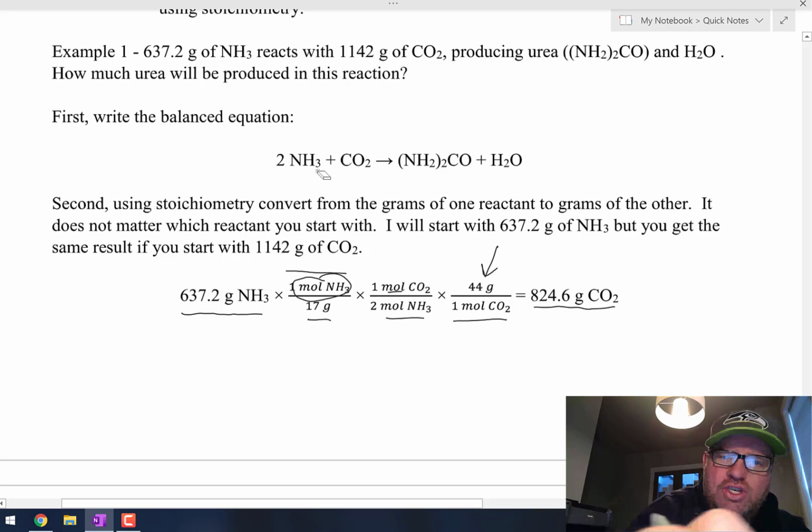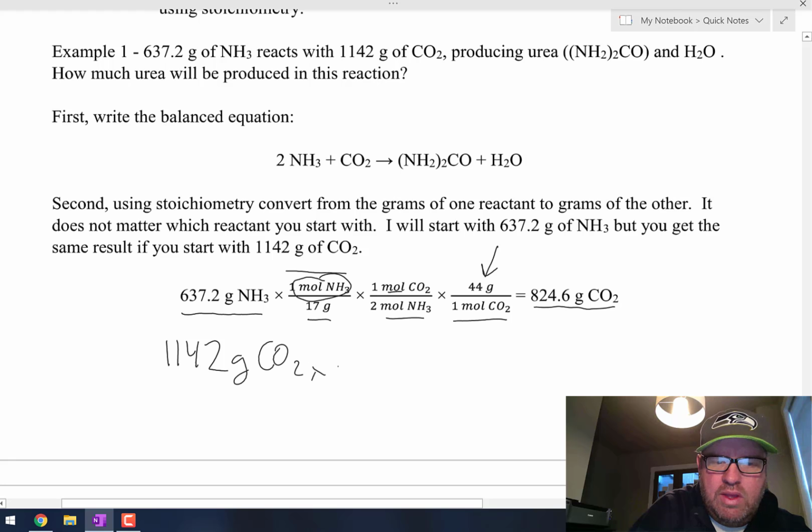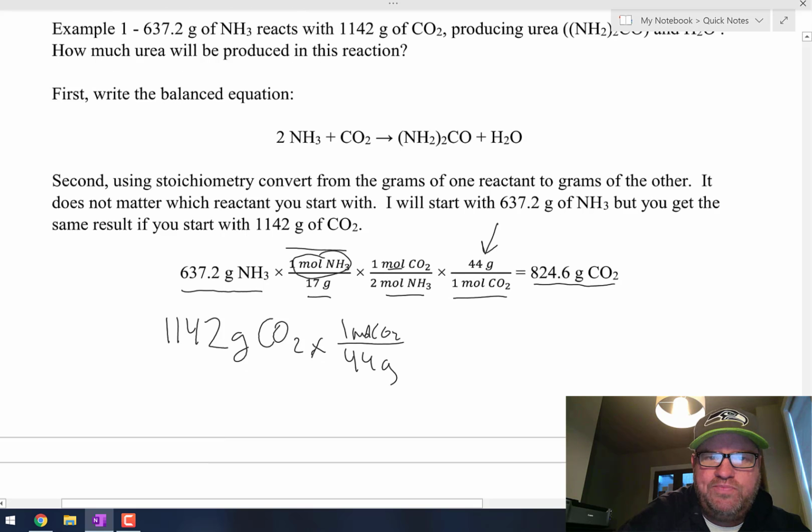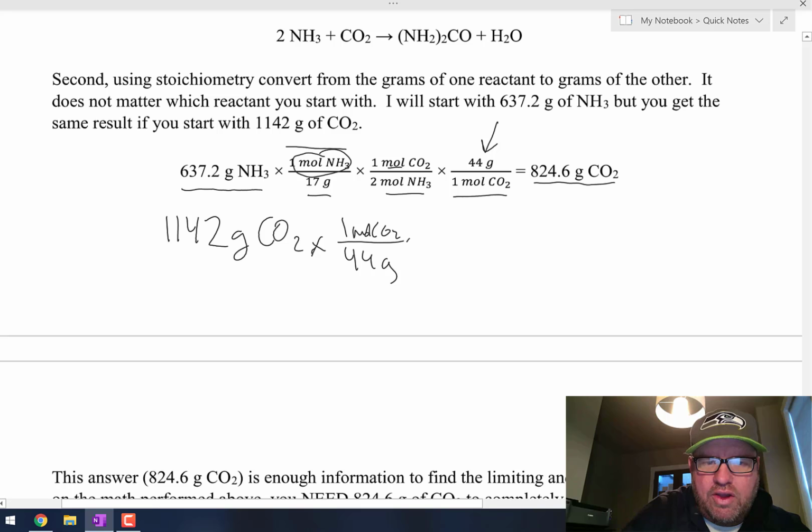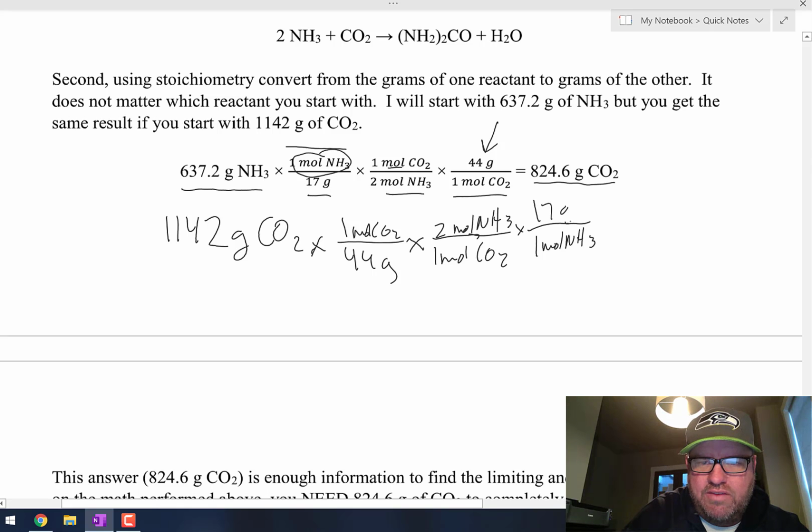Now, I just as easily could have started with my 1142. You don't have to do both of these. I just want to show you one time. I could have done it the other way. I could have gone 44 grams in 1 mole of CO2. And then I could have said 1 mole of CO2 reacts with 2 moles of NH3, and then 1 mole of NH3 has a mass of 17 grams.